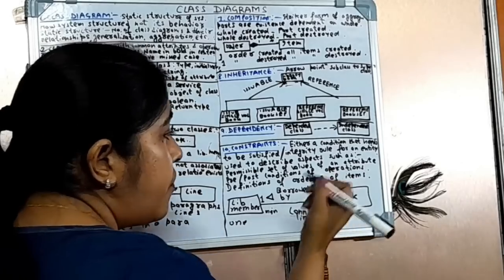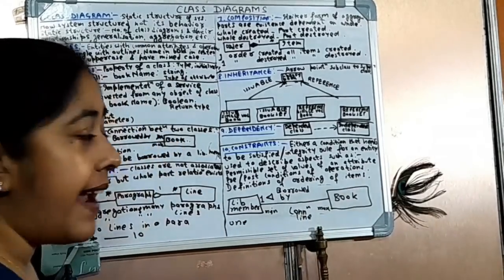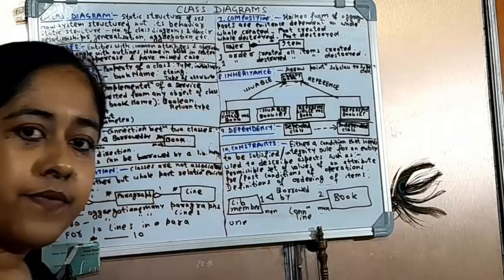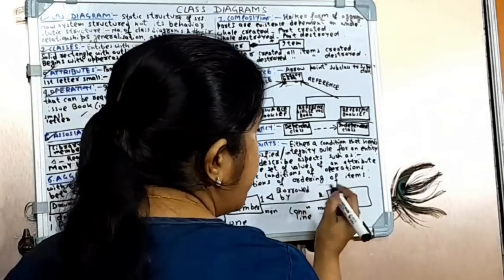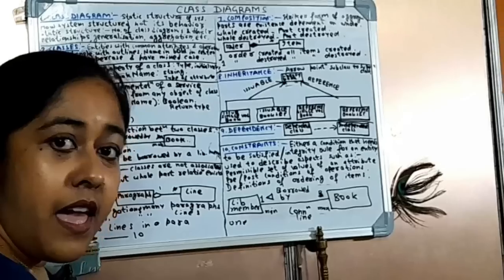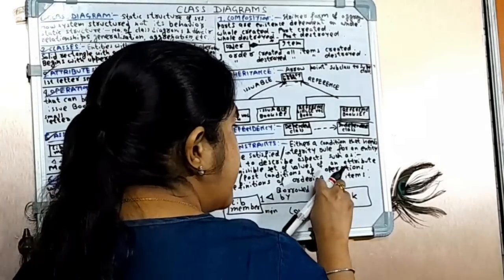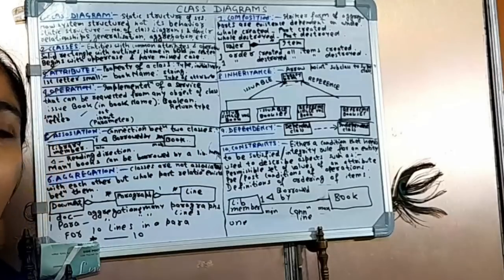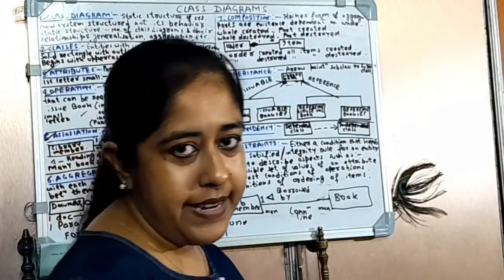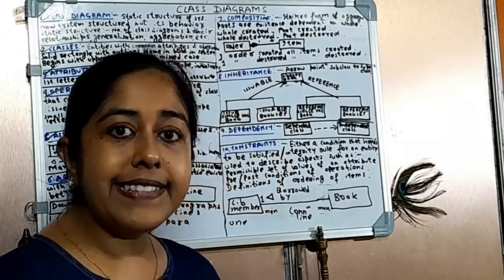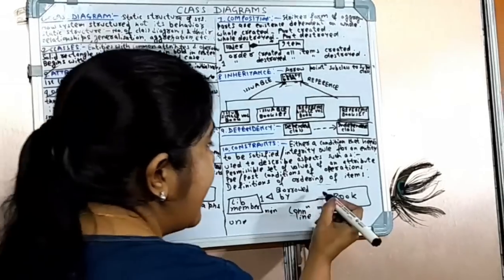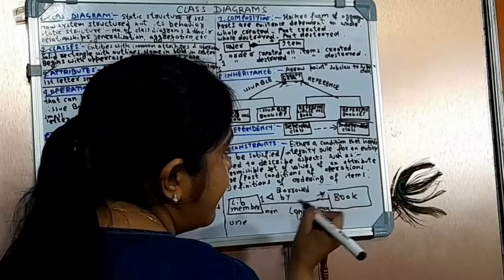Here you can write the number of books. Suppose a library member can have 2 books, or 3 books. But whenever you are not sure about how many books can be borrowed by a particular library member, in class diagrams we use a special sign, that is an asterisk sign, like this.